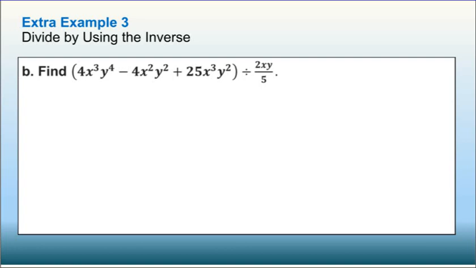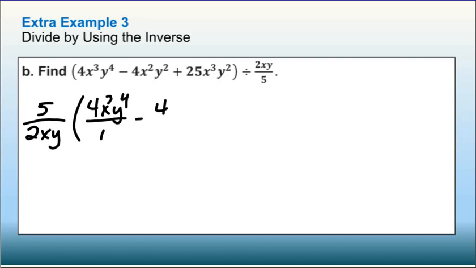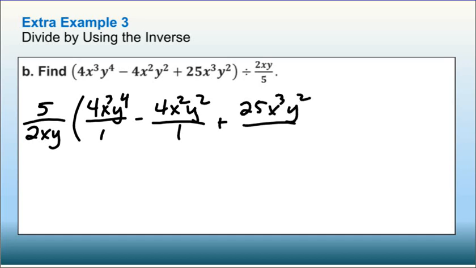Next, going to multiply by the reciprocal, so this will be 5 over 2xy. Multiply this by 4x cubed y to the fourth over 1 minus 4x squared y squared over 1 plus 25x cubed y squared over 1. So we're going to just distribute.